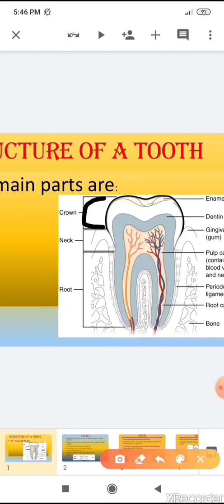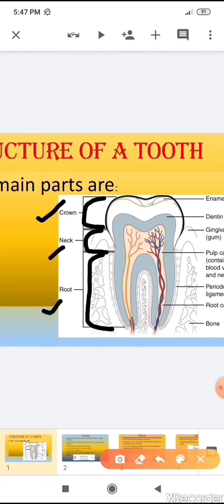The middle portion of the tooth is known as the neck, and the bottom portion of a tooth is known as the root. So the three main parts of a tooth are: first, the crown, the topmost part of a tooth which is visible to you, then the neck, and at the bottom, the root.